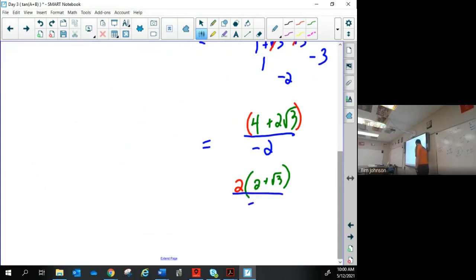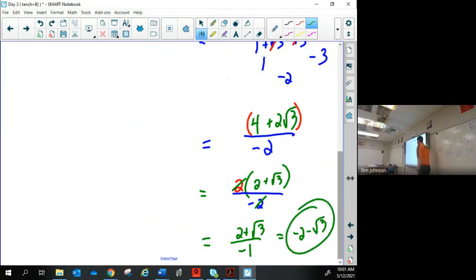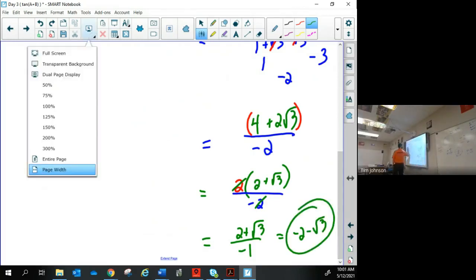Because it can now cancel, and I'm going to be left with 2 plus the square root of 3 all over -1. Or more put, -2 minus the square root of 3. Look at all that fun work.